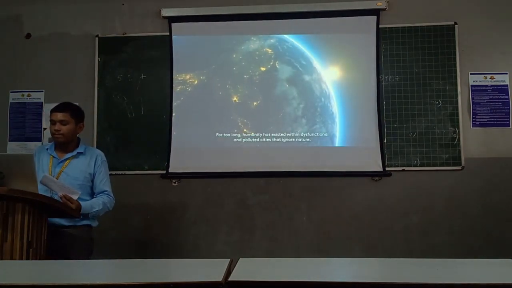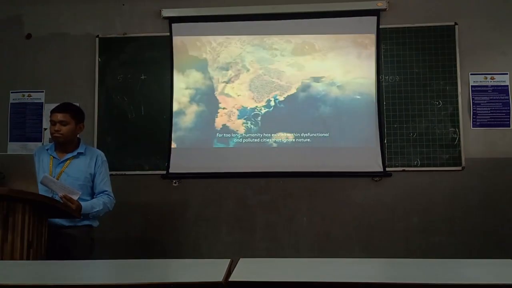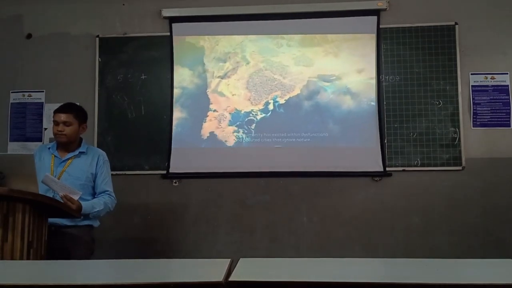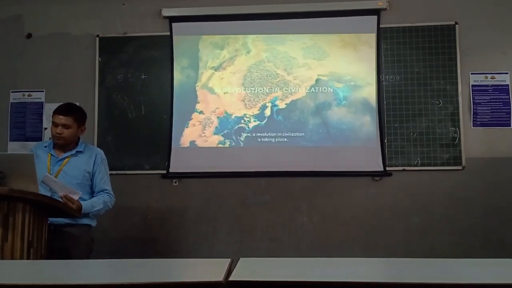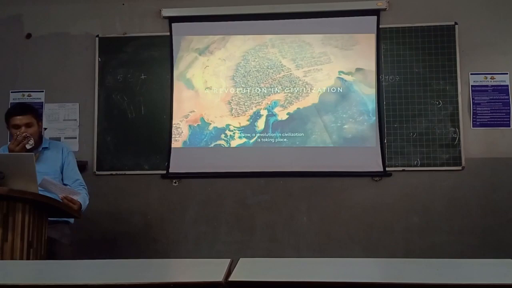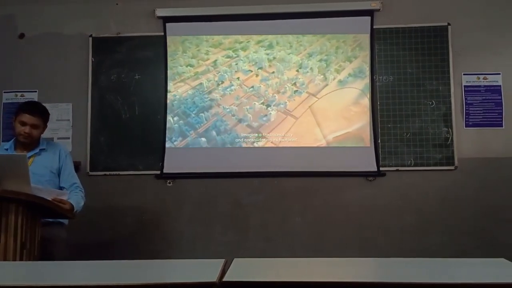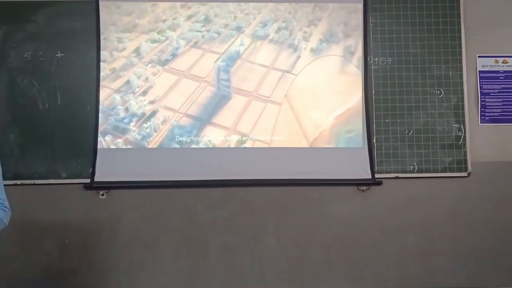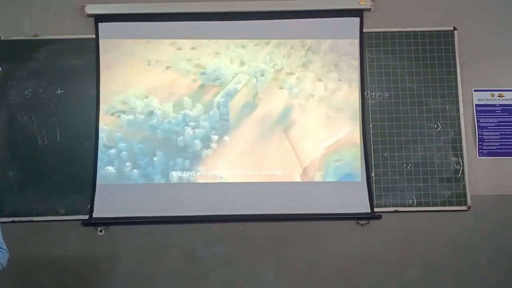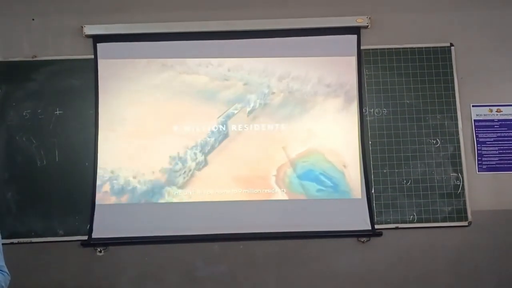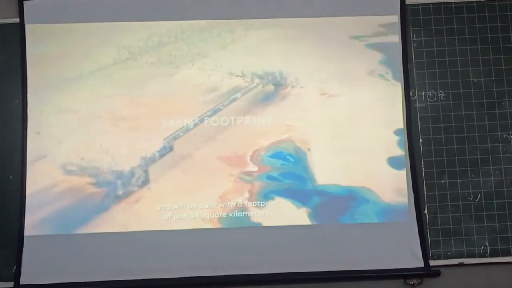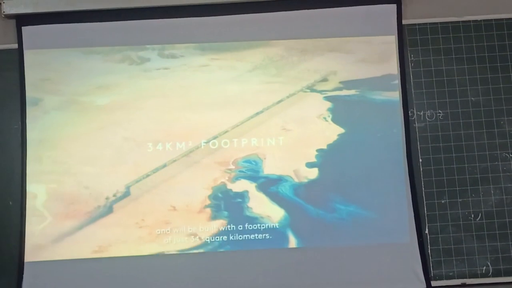Humanity has existed within dysfunctional and polluted cities that ignore nature. Now, a revolution in civilization is taking place. Imagine a traditional city and consolidating its footprint, designing to protect and enhance nature. The Line will be home to 9 million residents and will be built with a footprint of just 34 square kilometers.